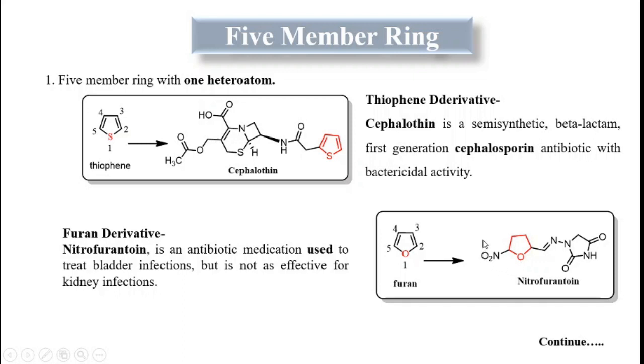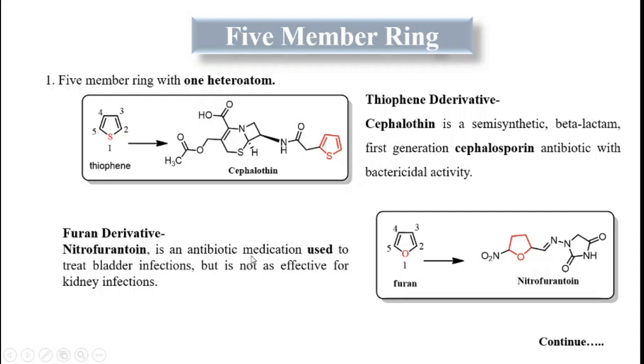The example of furan is nitrofurantoin. In nitrofurantoin, there are two substitutions. That means one is here and the second one is here. So the numbering starts from that place. The heteroatom always takes number 1, then 2, 3, 4, 5. Nitrofurantoin is a furan derivative.